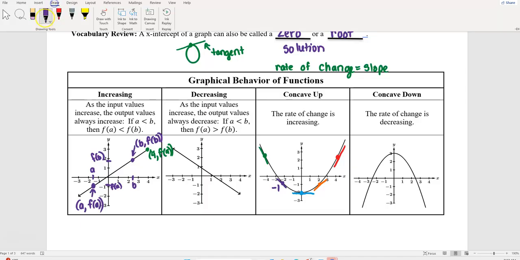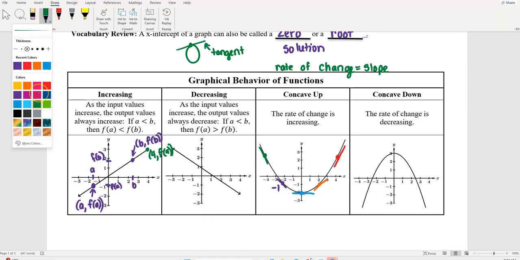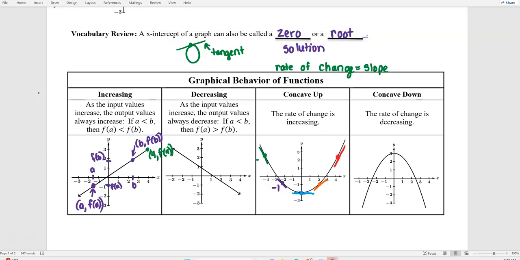If I want the slope of that green line, who has an estimate for me? What do you guys think? I think that's a good guess. -2, it really doesn't matter what you say, as long as you say a negative number lower than -1. So -2, -3 would be good guesses. Let's say that's -2.